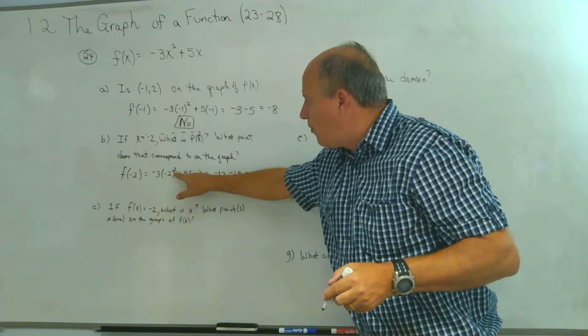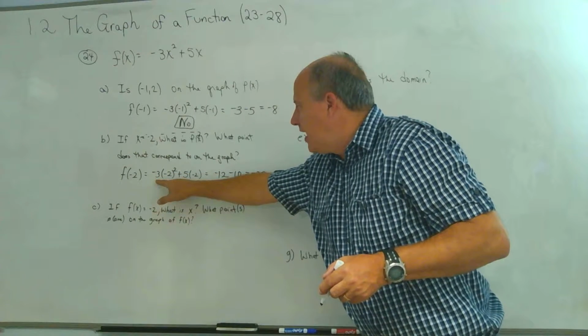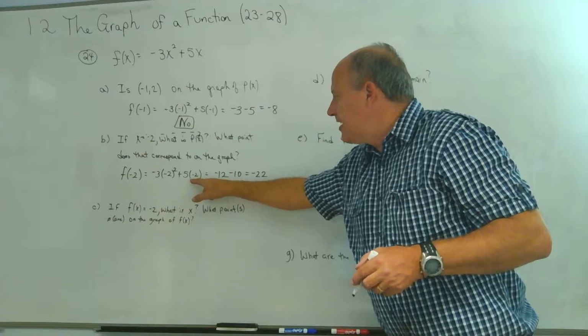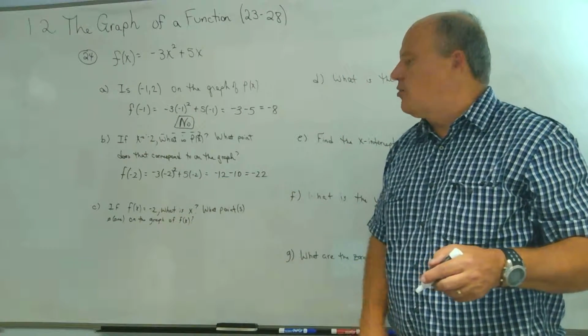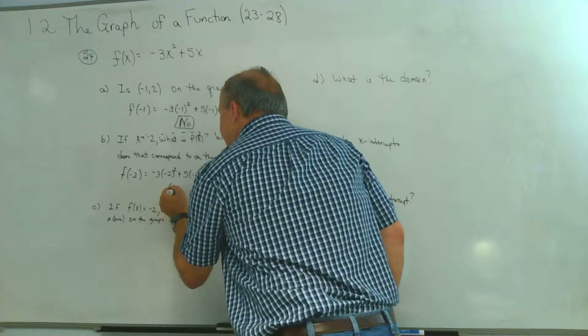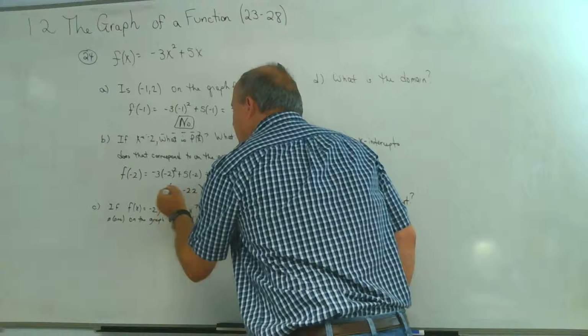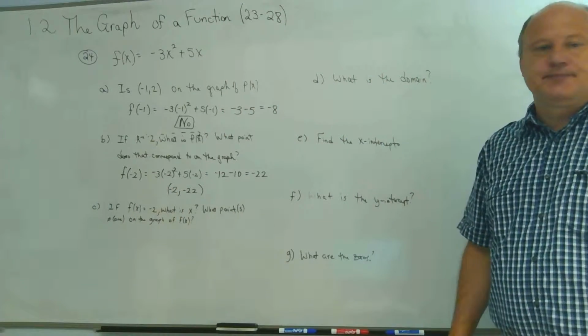Negative 2 squared is 4. 4 times negative 3 is negative 12. And then 5 times negative 2 is negative 10. So that is negative 22. And the next question is, what point does that correspond to on the graph? That point would be x is negative 2 and y is negative 22. So it's negative 2 comma negative 22.